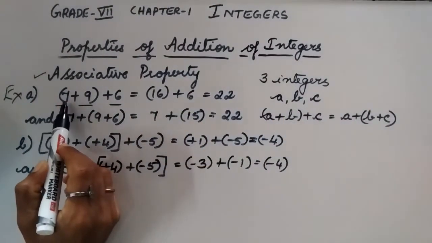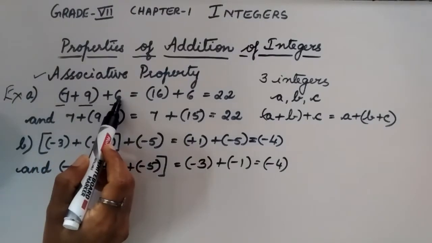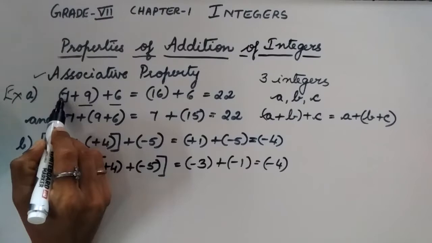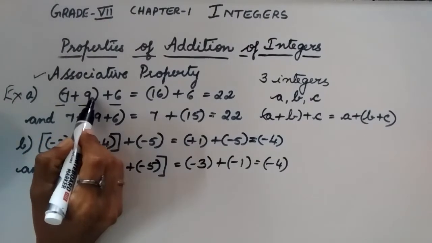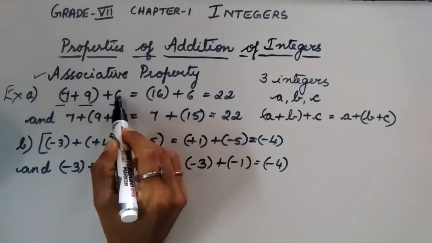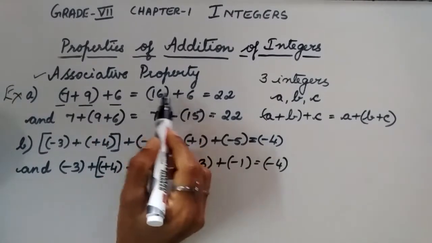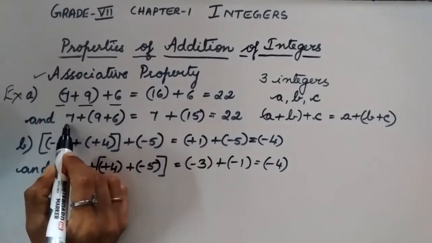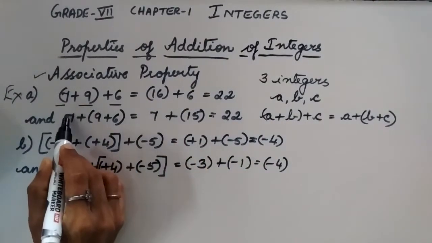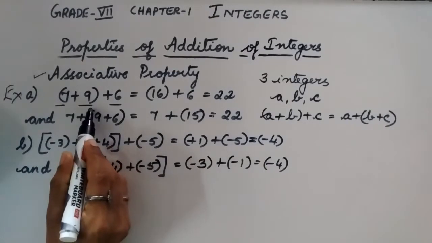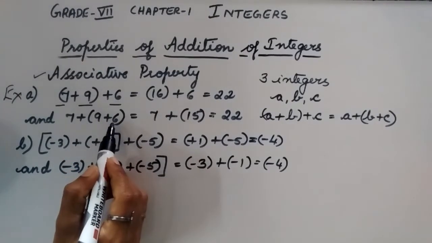I have taken three integers, 7, 9 and 6. Now, first I will add in this order. First I will add 7 and 9. So, 7 plus 9 I will get 16, plus the 6. So, 16 plus 6 is 22. And then I will change the order here. 7, 9 and 6 are the three integers. Here I will add 9 and 6 first.